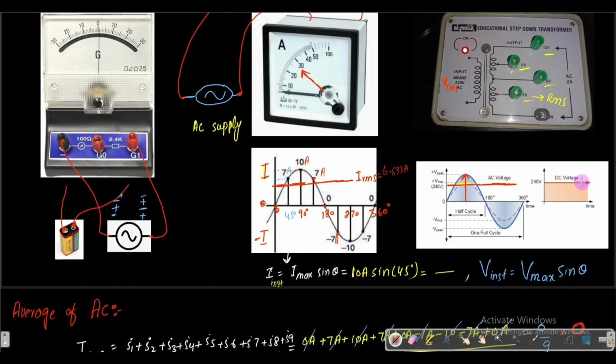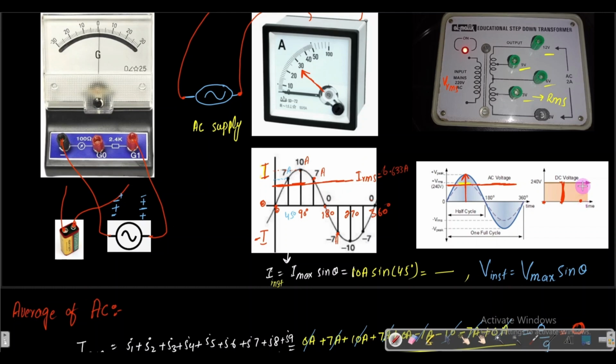So for that specific instant, we have to draw the line which is the same in magnitude throughout. At this zero time, the voltage is 240 volt, and similarly at this position the voltage is also 240 volt.